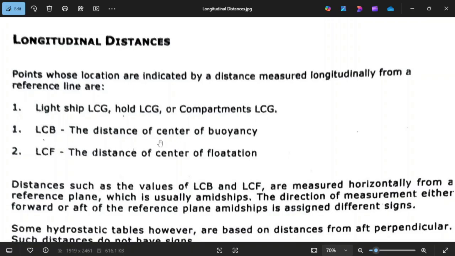And LCB is the distance of the center of buoyancy. And LCF is the distance of the center of rotation. Later I will explain to you.